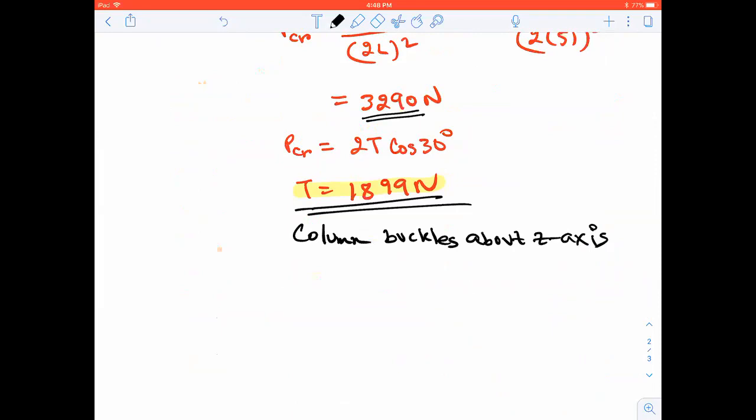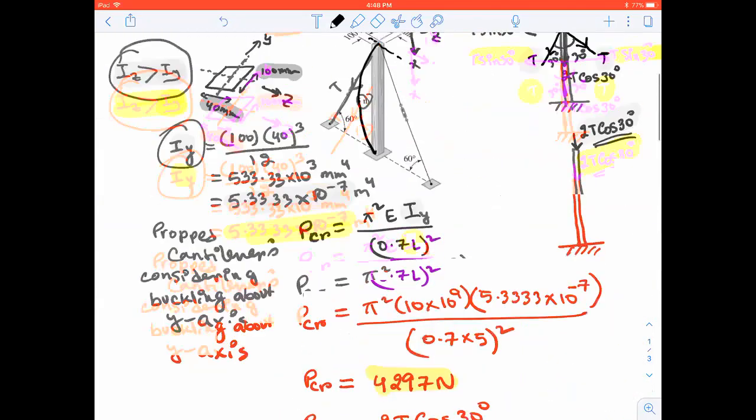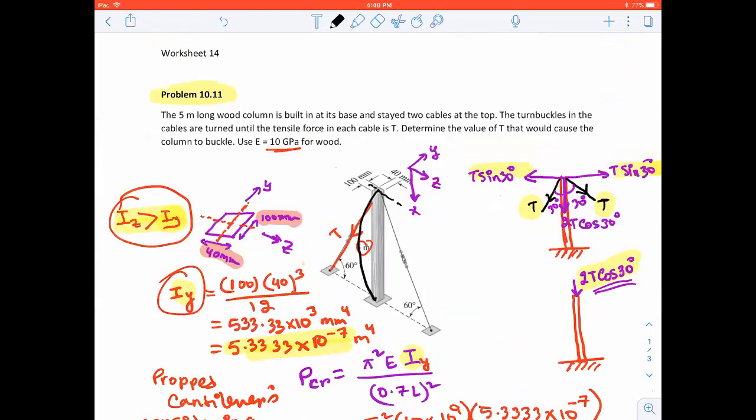If you have a problem, say a simply supported beam or a column, where you do not have a column acting as two different types of column in different directions, then you just consider which one is lowest.